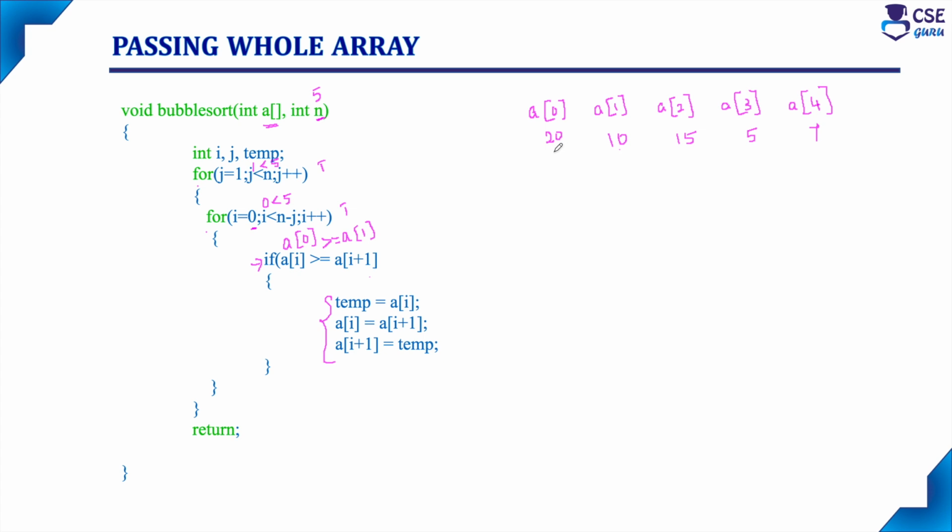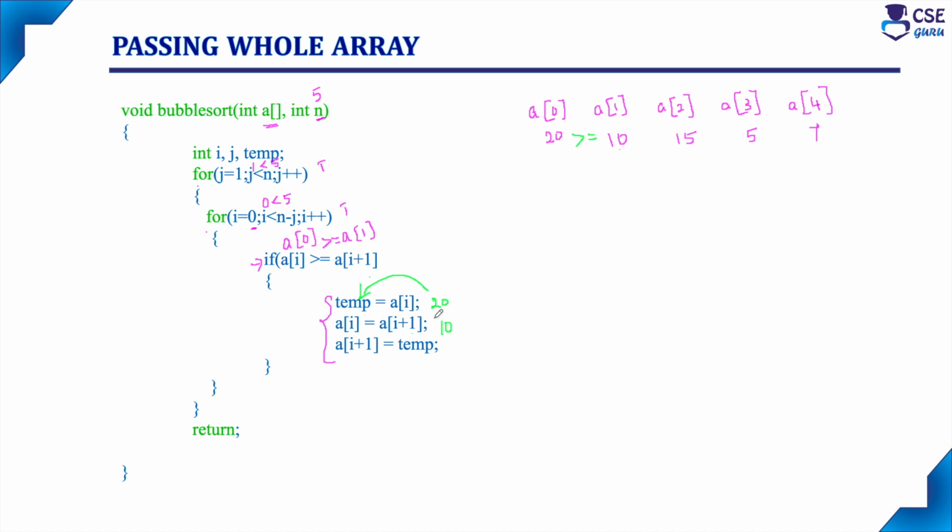So check here. A of 0 position and A of 1 position, whether it is greater than or equal to. Yes, condition is true. So what we have to do? Implement this statement. That is, temp is equal to A of i. So A of i value, that is A of 0th value, is 20. 20 we are storing in the temporary variable, and A of i plus 1, that is 1 position, value is 10.